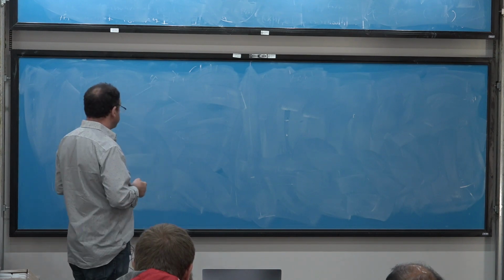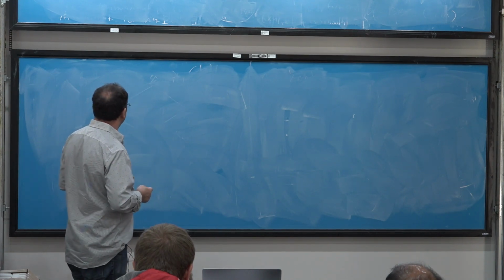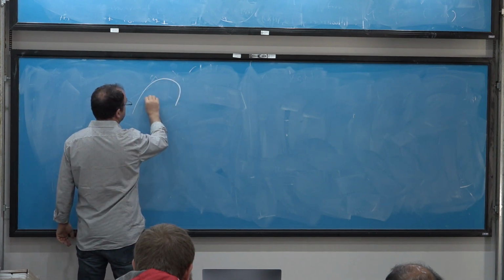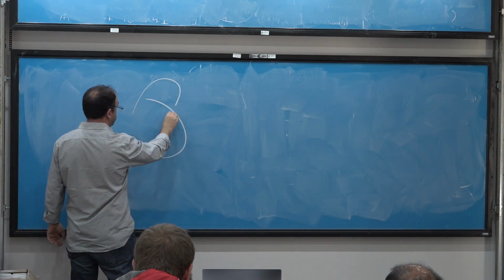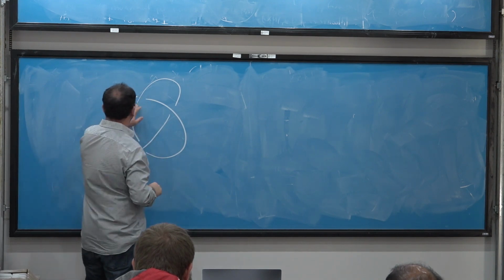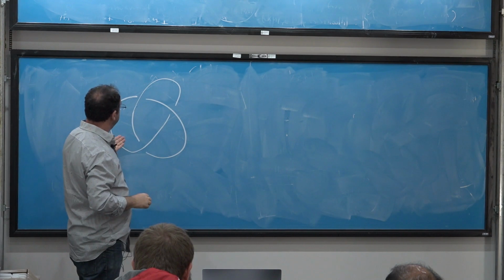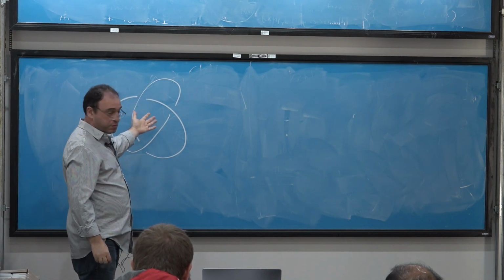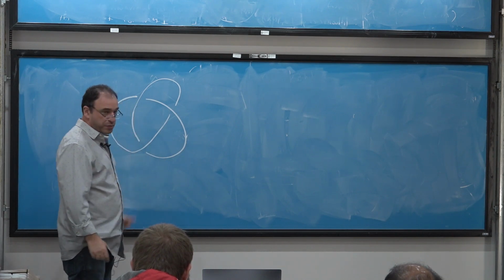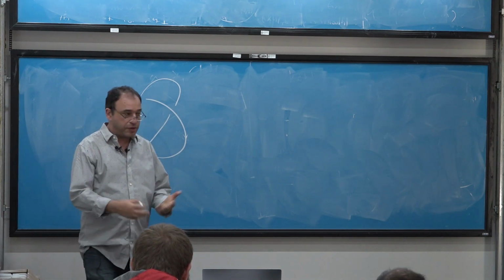And knots can be conveniently drawn on the blackboard. So this is a projection of a trefoil knot on a two-dimensional plane. And this is the way people encode knots normally.